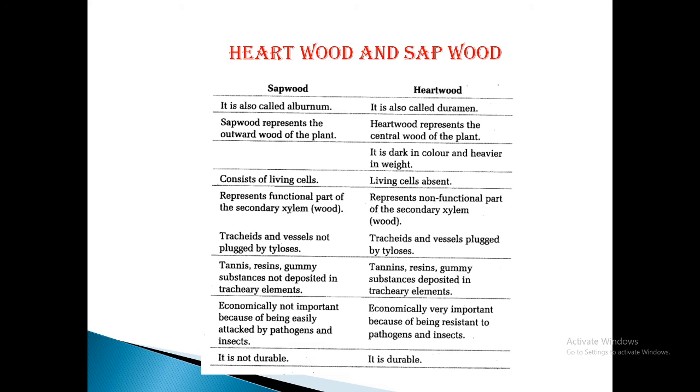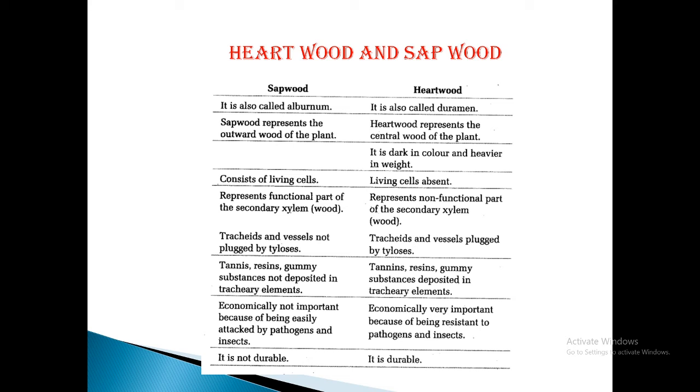So what are the differences between sapwood and heartwood? We already said that the outer region of the old trees is called alburnum or sapwood, and the central region of the old trees is called heartwood or duramen.